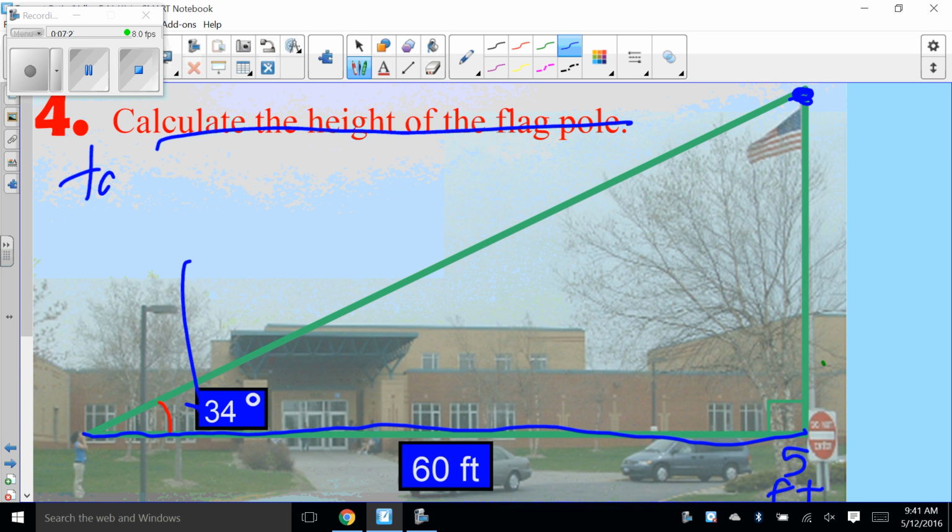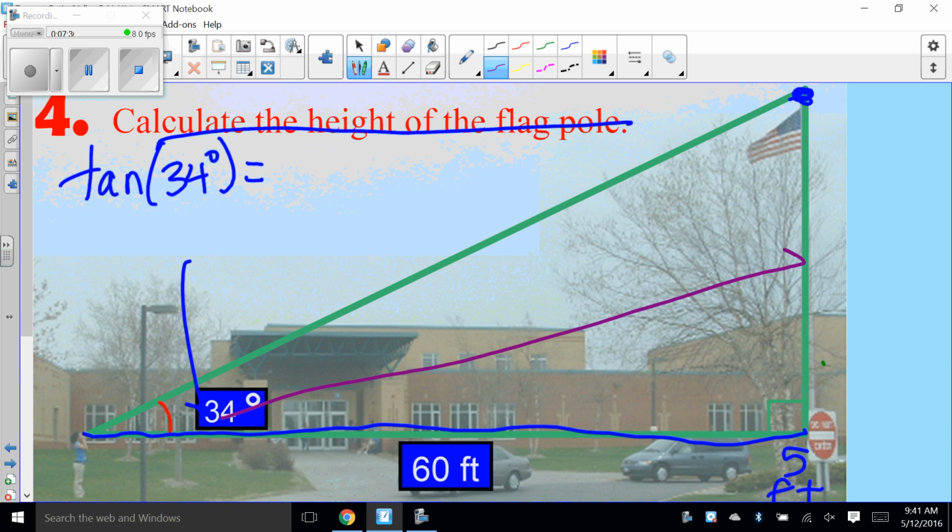So we have the tangent ratio that says this. The tangent of 34 degrees is equal to the side opposite, which we don't know, the height, opposite the angle, x, divided by the side adjacent, which it means touching. Opposite divided by adjacent.